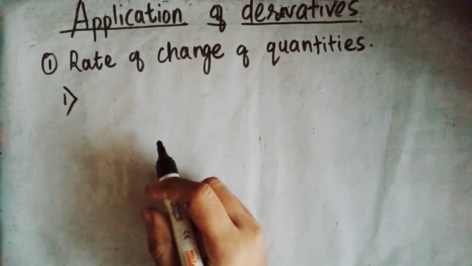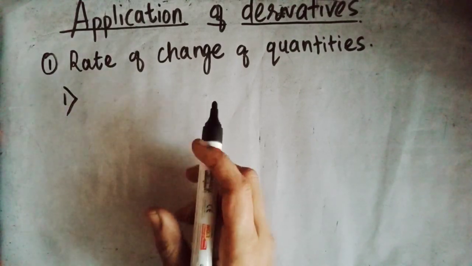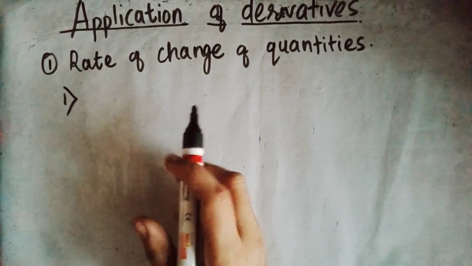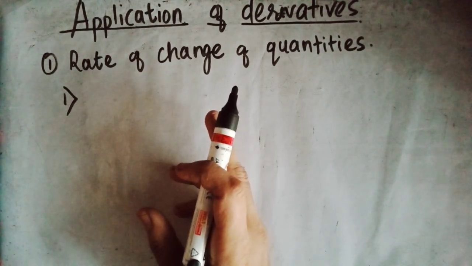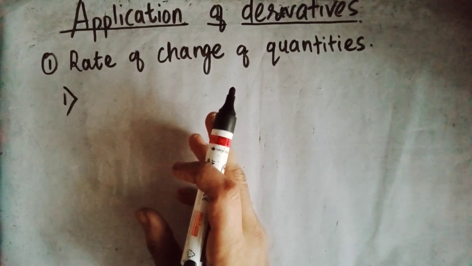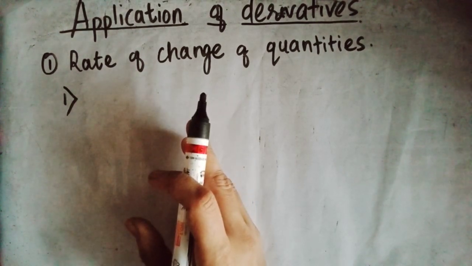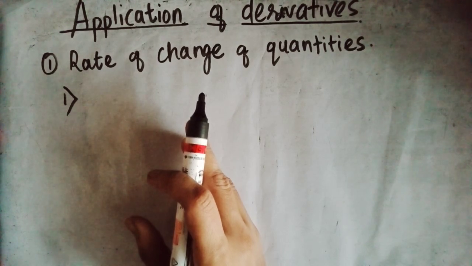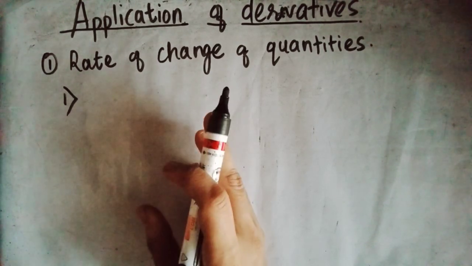Let's see one example. Find the rate of change of area of a circle per second with respect to its radius, where r is 5 centimeter. So the area of a circle is changing with respect to its radius.